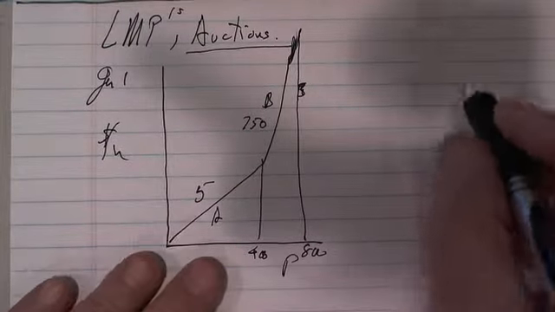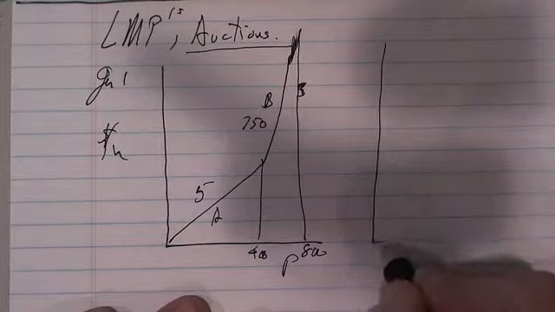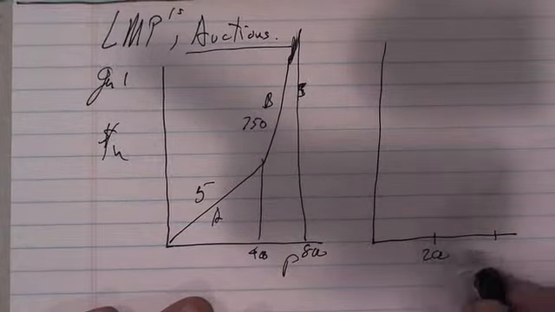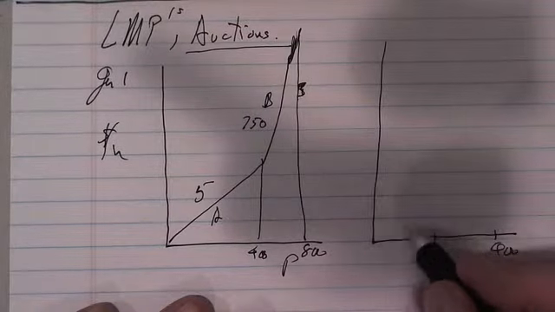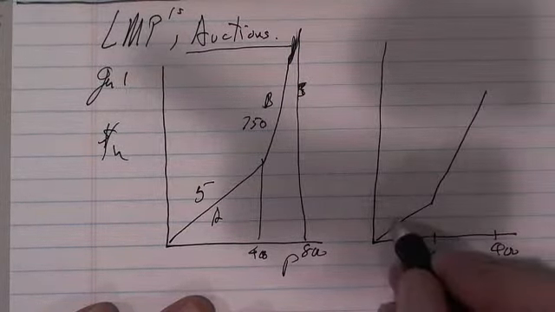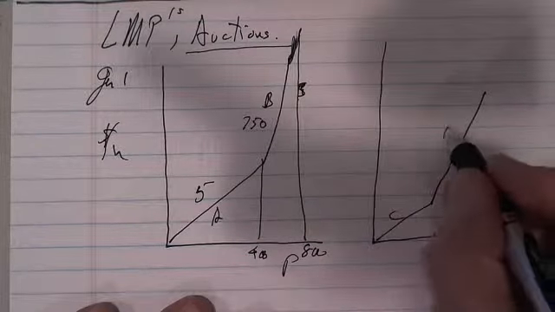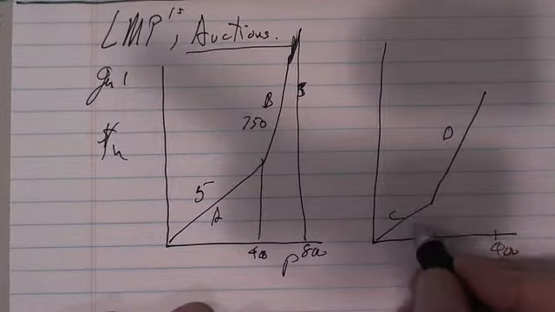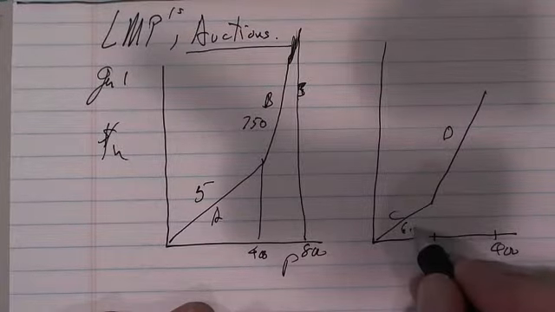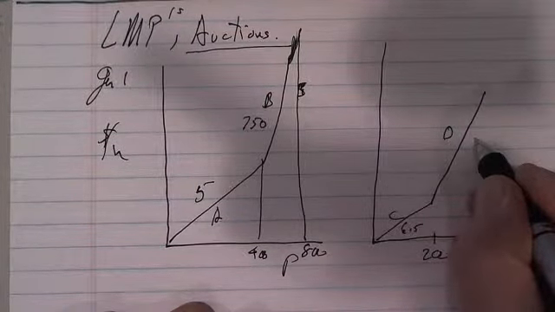I have another generator that's a smaller generator that goes 200, 400, and it has 2 segments, C and D. C has a cost of 6.5, and this one has a cost of 8.